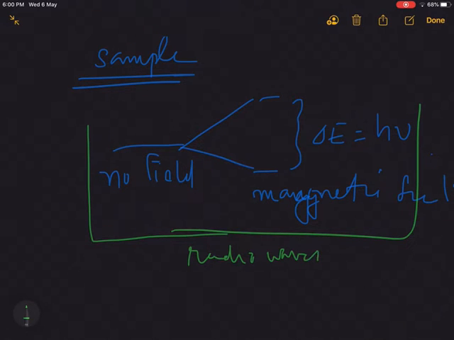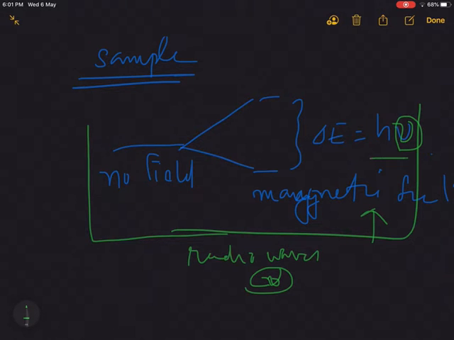The instrument has a particular frequency that is constant for a particular instrument. The radio waves are given to the sample, and we give an increasing magnetic field. The instrument has a frequency nu. Here this is the frequency of the sample, and by increasing the magnetic field, this frequency varies.